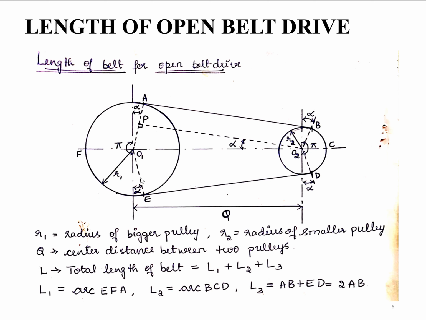So it is the length of belt in contact with the driver pulley, the length in contact with the driven pulley, and 2 times the length not in contact with any pulley.